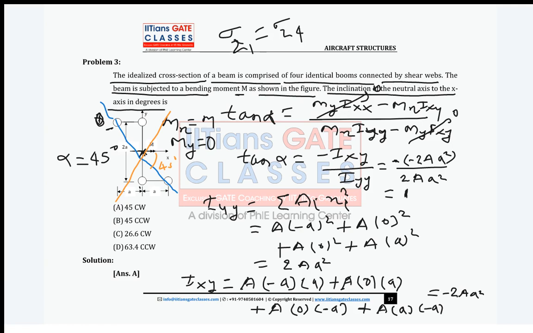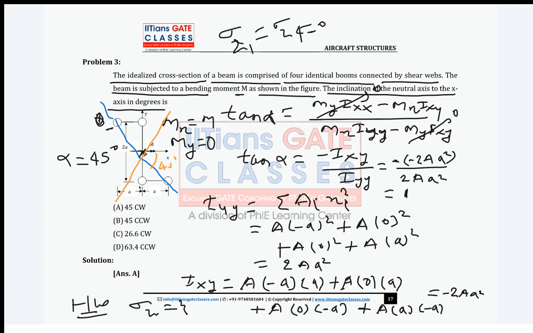So guys, can you do homework? You guys find out on all 4 booms what are your bending stresses. Okay, that is your homework. In this question, find out sigma z at all the booms. You guys can do, yes or no? Sigma Z2 will not be 0.